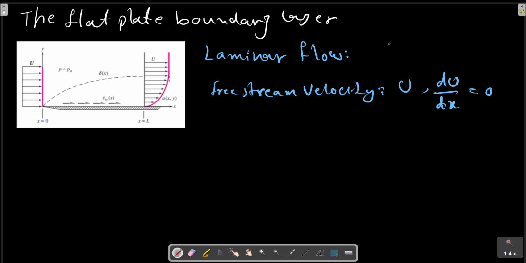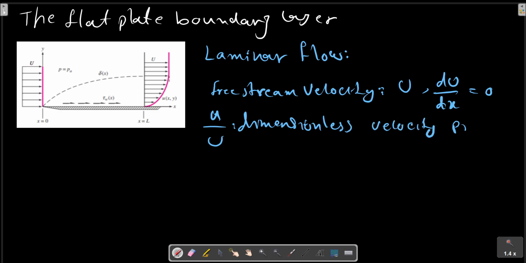with an ingenious coordinate transformation. Blasius showed that the dimensionless velocity profile, u over U, is a function only of a single composite dimensionless variable.